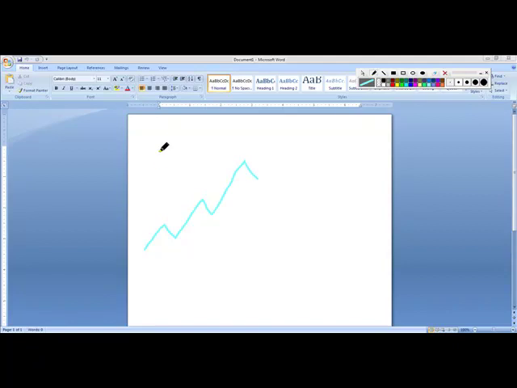So this is an uptrend. Now when the market is in a downtrend, you have something like this: lower low, lower high, lower low, lower high, lower low, lower high, lower low.